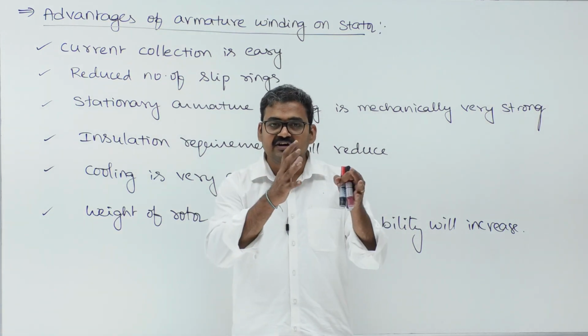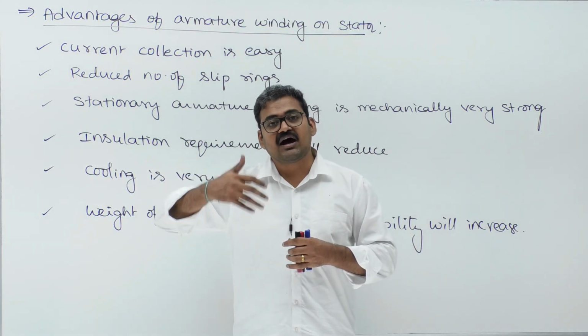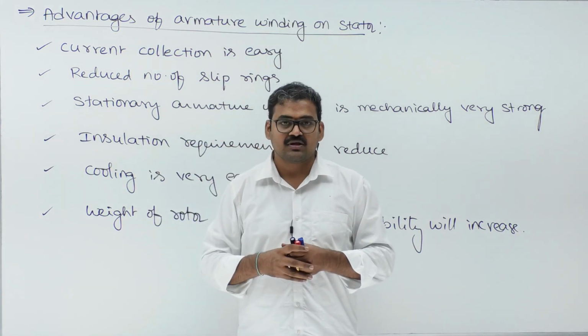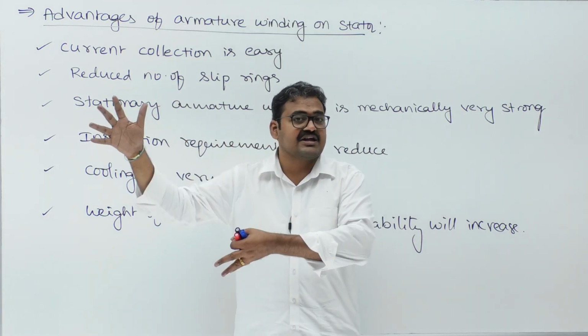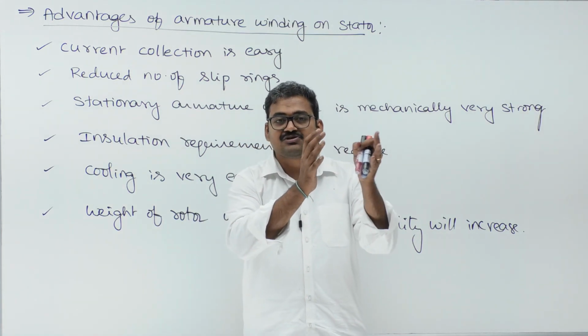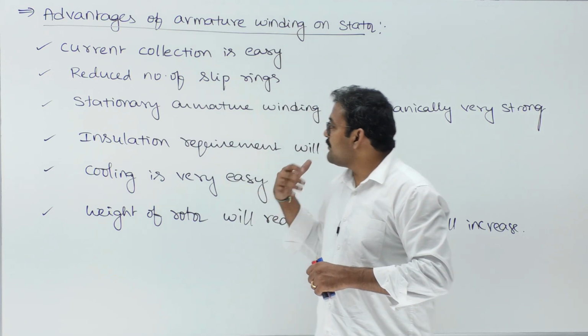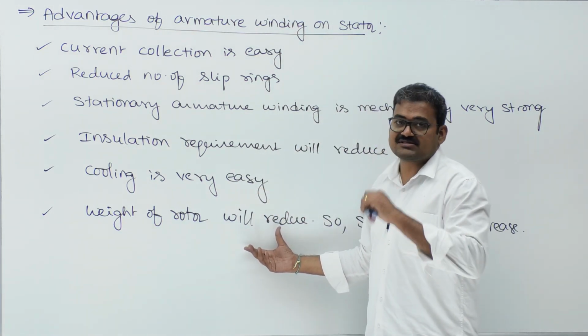Suppose if field winding copper weight is 10 kg, armature winding copper weight may be 100 kg or 120 kg. So such a large weight copper is now placed on the stator, and low weight copper winding, that is field winding, is on the rotor. That's why when you keep armature winding on the stator, the weight of rotor becomes very, very less.